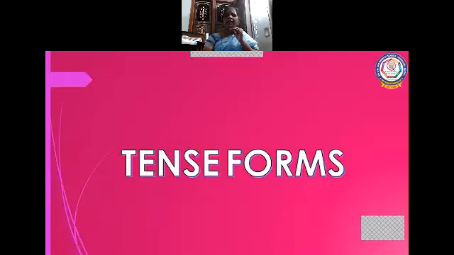So verbs are of two types, regular and irregular. By noticing the verb and its past tense and past participle, you will separate it as a regular verb or an irregular verb. It is clear, children, you understood two types of verbs.